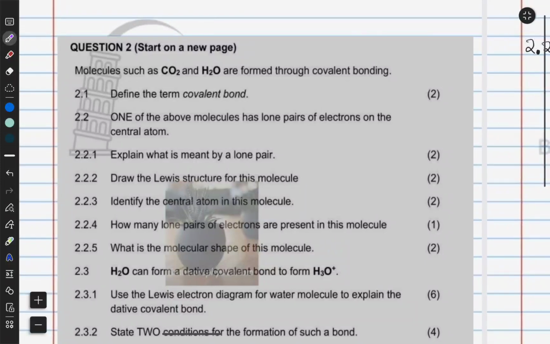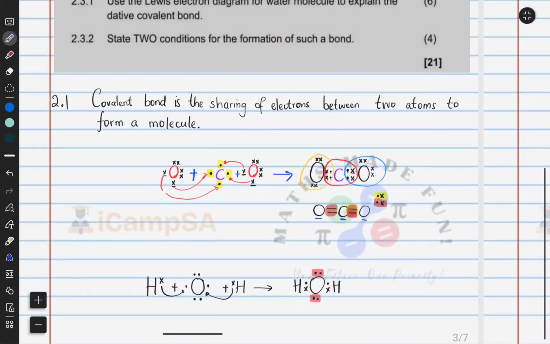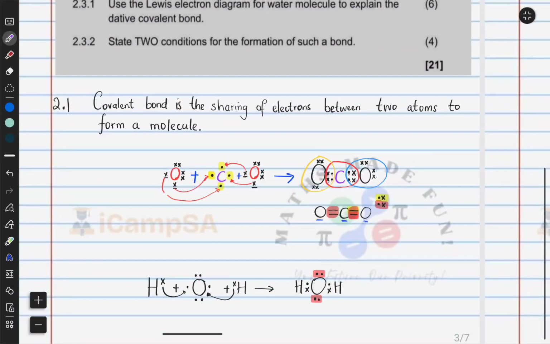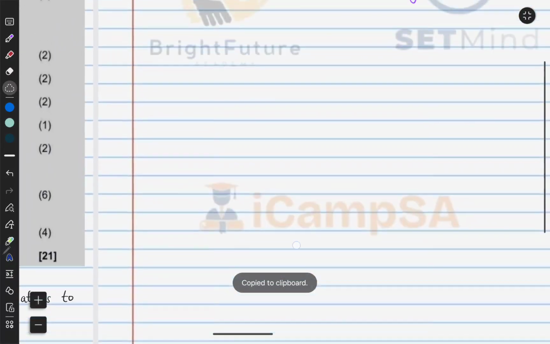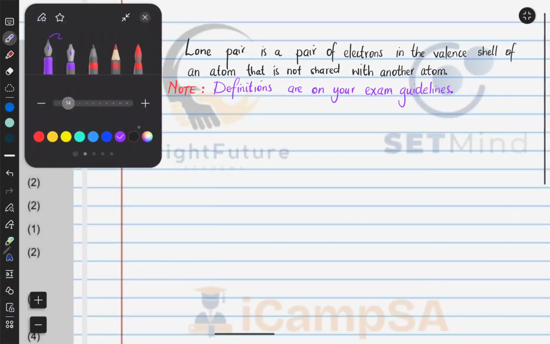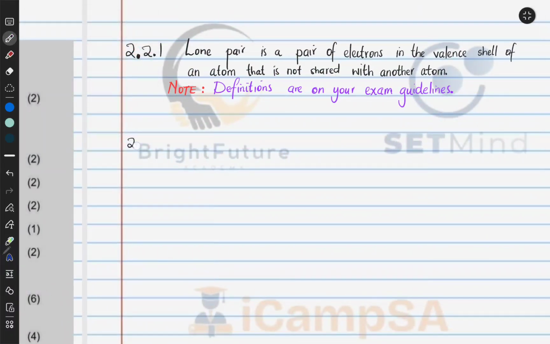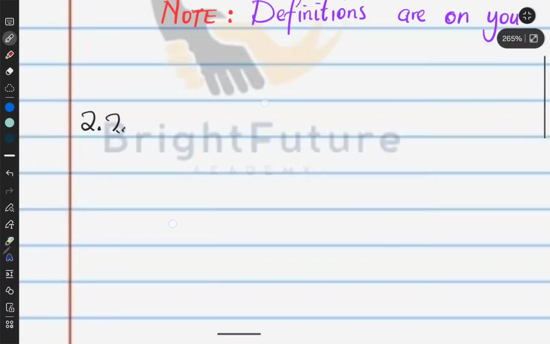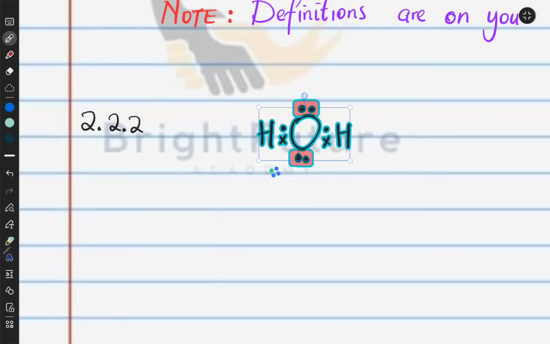Draw the Lewis structure for this molecule. So they're asking us to draw the Lewis structure for the molecule whose central atom has a lone pair, and we've already done that. So I'll just copy this and bring it here, which is 2.2.2. Right, so that's how it is.